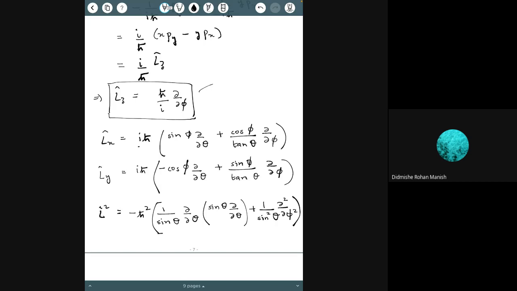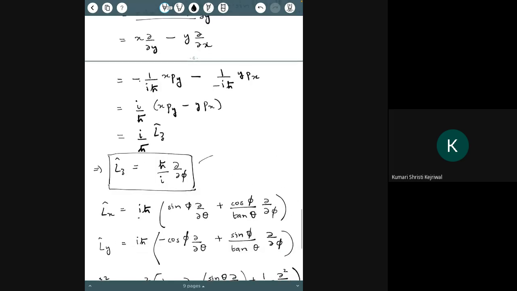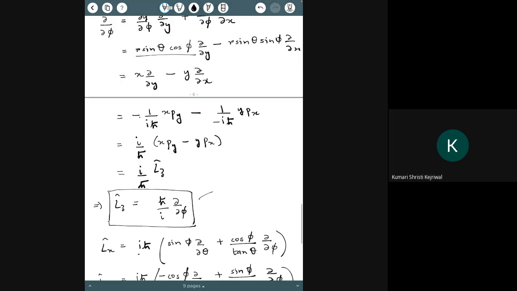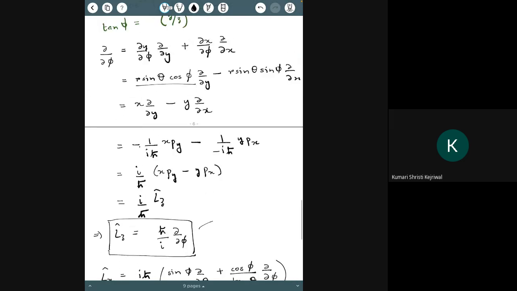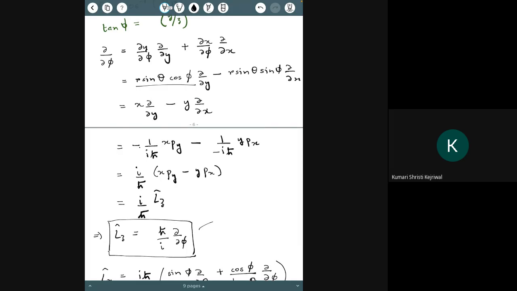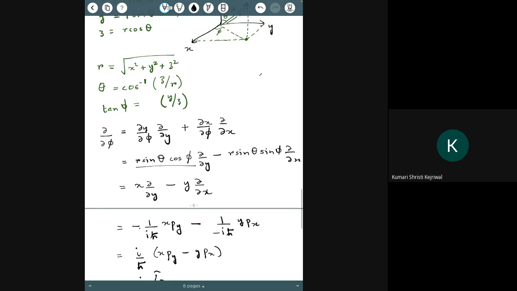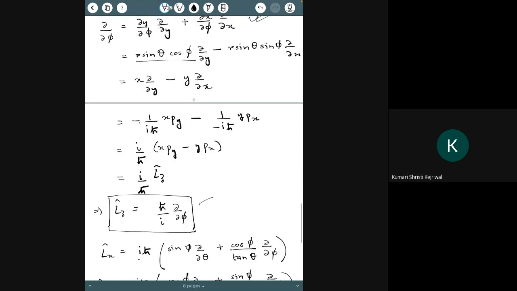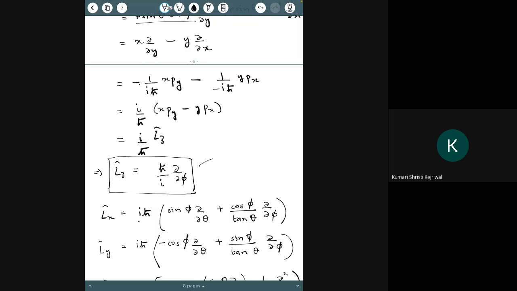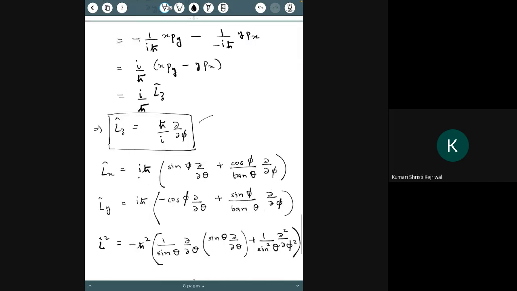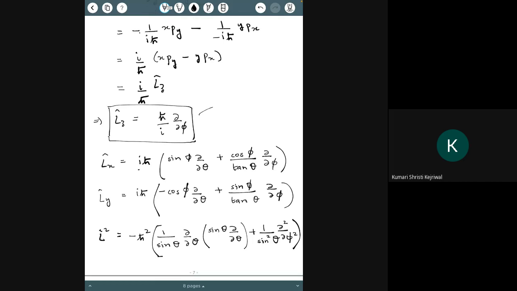So this will help us. Ma'am, how did you get these expressions for Lx and Ly? Oh, I didn't work it out. I just wrote out the answers in a way. It's the same procedure as Lz, but you have to deal with a lot of trigonometric differentiation. You have to find ∂/∂θ and then again work it out like Lz.